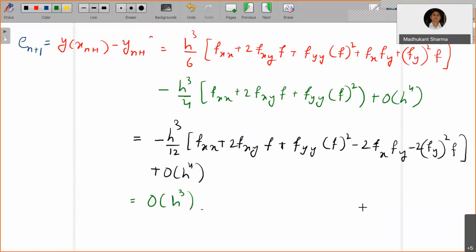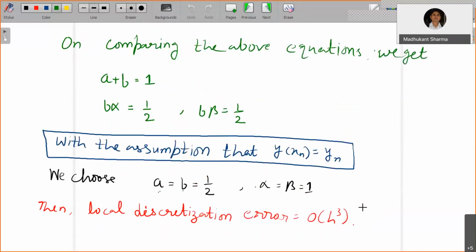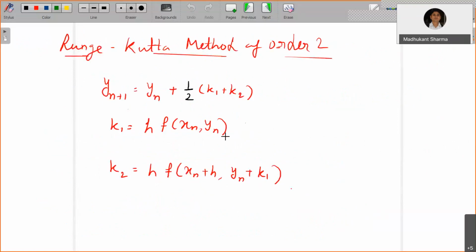Okay, right. So let's state the Runge-Kutta method of order 4 now. You can extend in a similar way. Instead of K1 and K2, you can go for K3 and K4, two more points you will add, and then you try to match with as high a degree as possible.